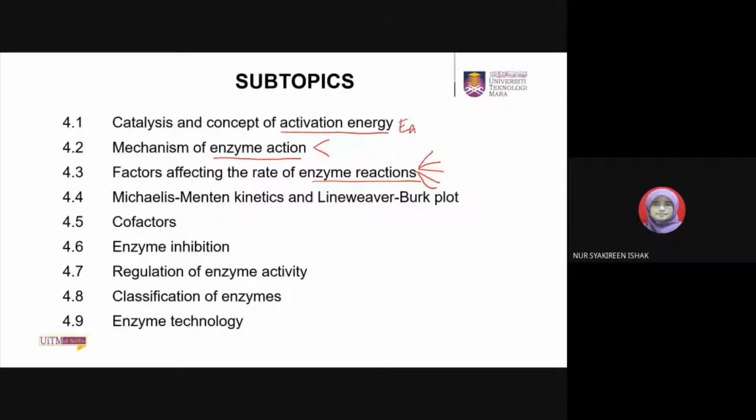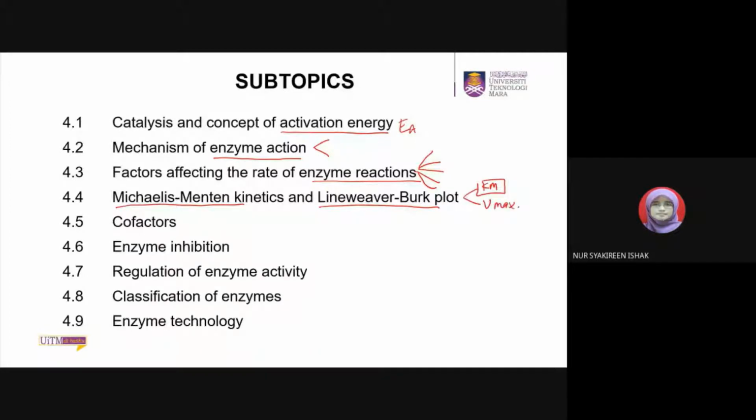Next we are going to look at Michaelis-Menten kinetics and also the Lineweaver-Burk plot. In this subtopic we are going to look at the Michaelis-Menten constant Km, and the significance of finding the value of Km and also Vmax.